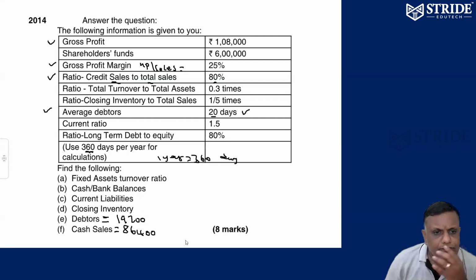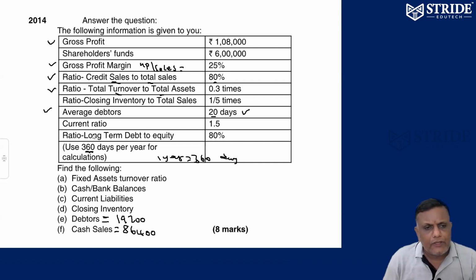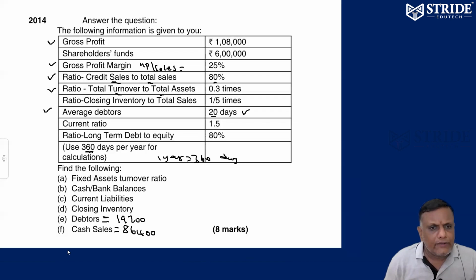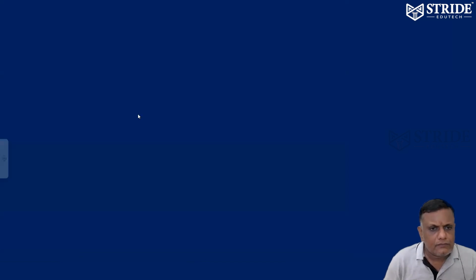That's it. Next, we have to find these values. Correct? No? Fine. Next one, shareholder funds given. Correct? Then total turnover by total assets. Can I use this ratio? Yes. Total turnover by total assets is 0.3 times. Numerator total turnover, denominator total assets.